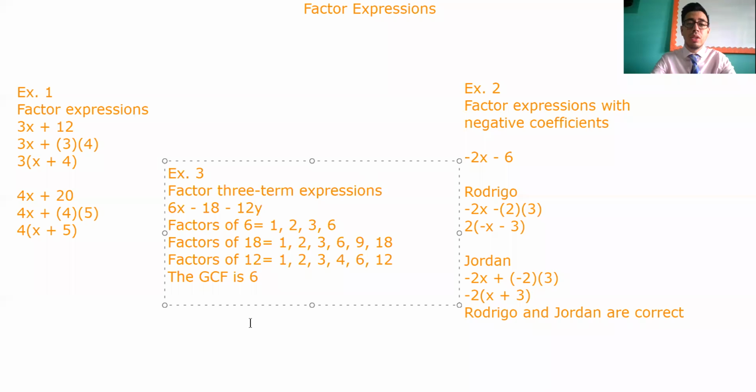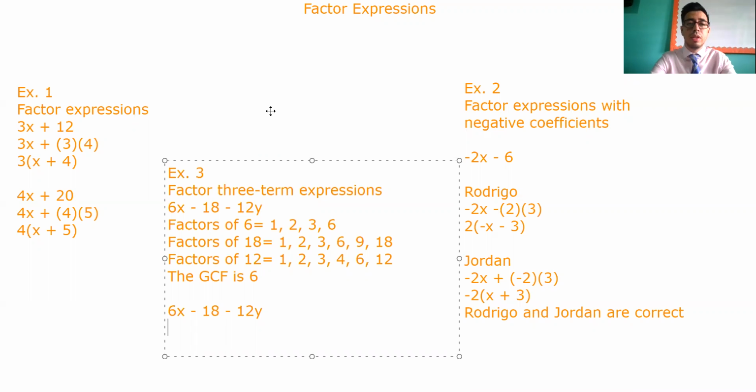The only thing that we need to do to complete this, now I know the greatest common factor is 6. So if I have the expression 6x minus 18 minus 12y, then I simplify.